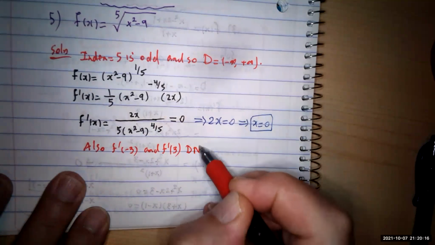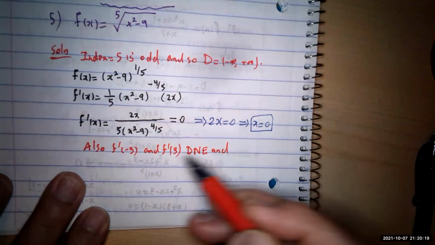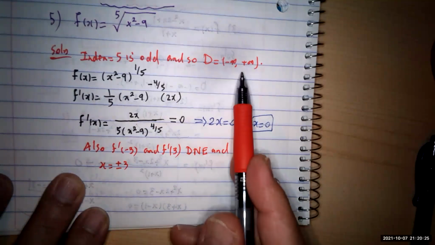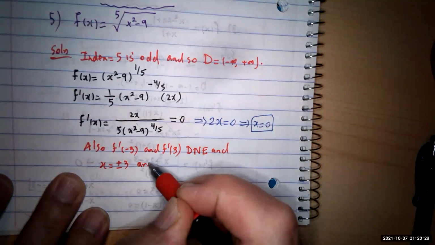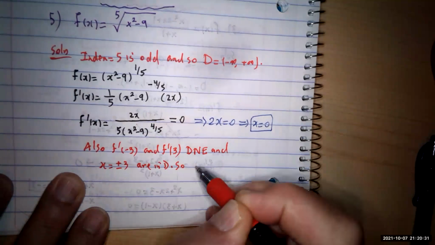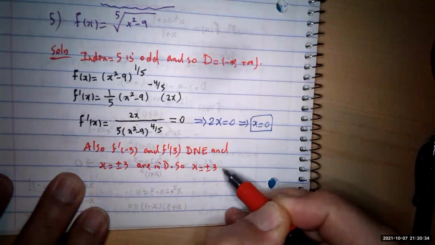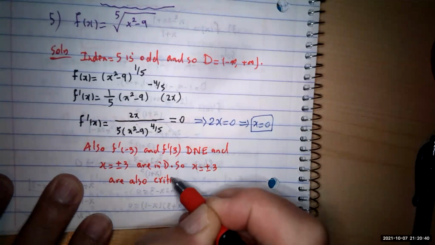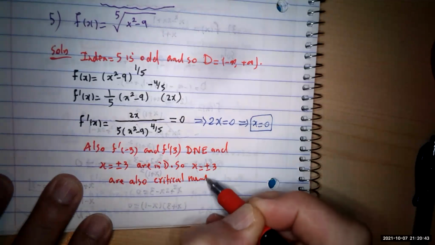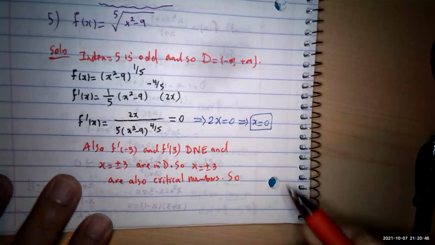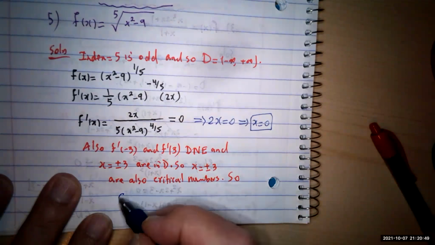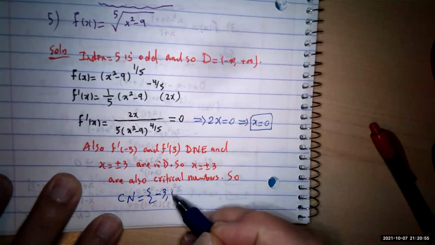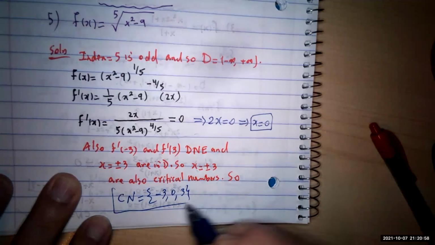And you have to make sure they are in the domain, and x equal to positive or negative 3 are in the domain because the real numbers are in D. So both of them, x equal to positive or negative 3, are also critical numbers. So what's the conclusion? You have 3 critical numbers. The critical numbers are going to be negative 3, 0, and 3.